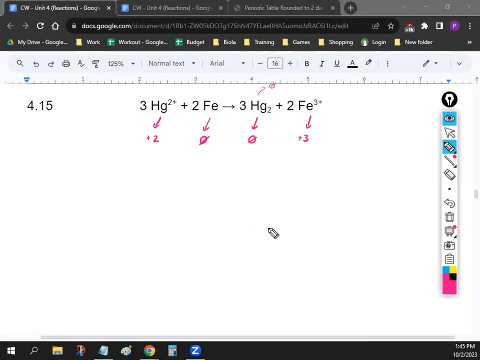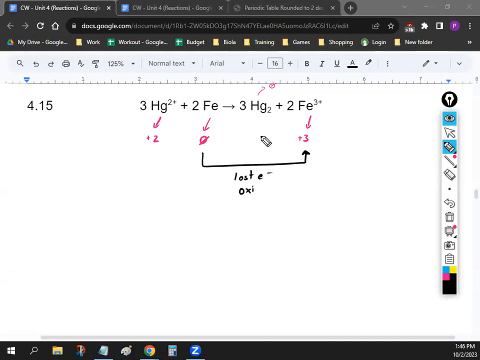Now, I'm going to let you know right now, even if you didn't know what Hg is, you can just skip it and figure out if it's being oxidized or reduced. Because if you take a look at Fe, is Fe being oxidized or reduced? Oxidized, because it becomes super happy, right? If it becomes happy, it lost electrons, which means it is being oxidized.